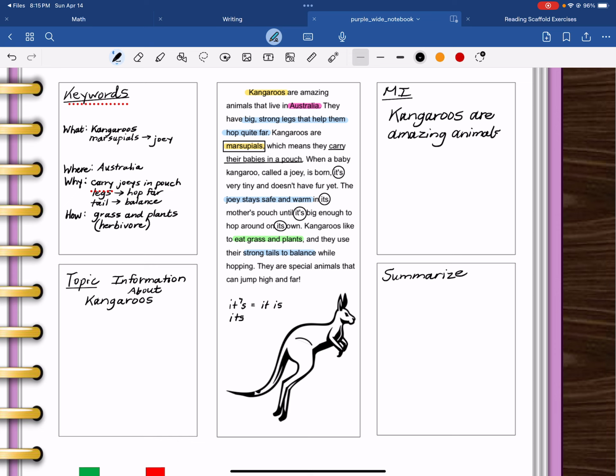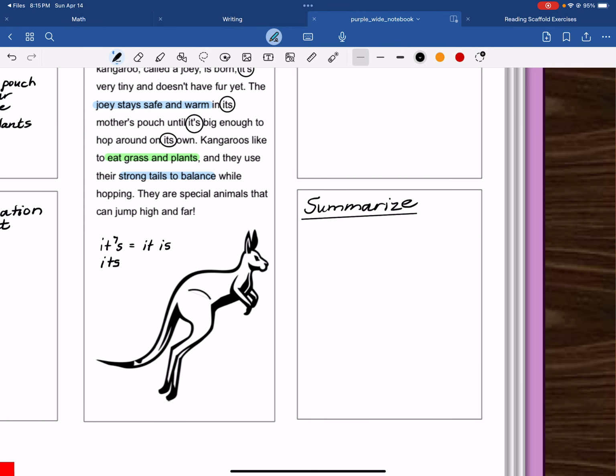This is leading me to expect information about kangaroos. So let's summarize. This is the tricky one. We have to take all of the stuff that we know and put it into a simple summary. It has to include the topic and the main idea. So why are kangaroos amazing? What makes them amazing? Or can we sum up this information in a sentence?